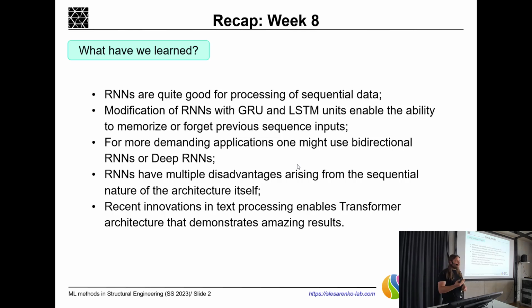And then we have seen that for some more demanding applications, we need to use bidirectional forms of these networks. And that despite this, there are still some disadvantages arising from the sequential nature of the architecture, because we can only keep information as we go along the sequence and can't skip very well back in time there.